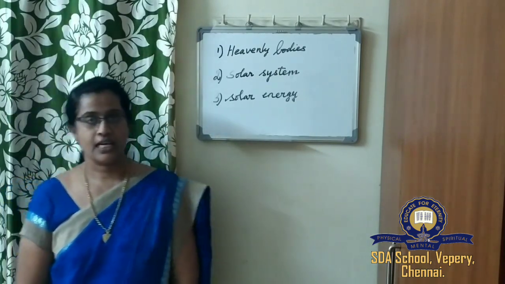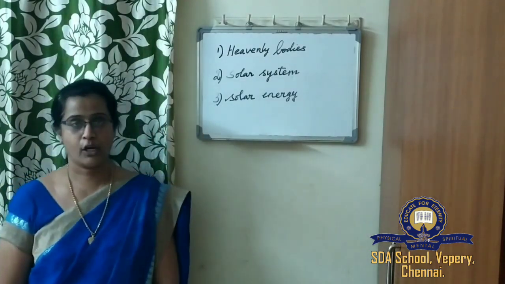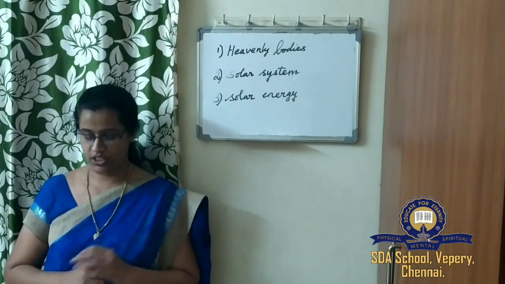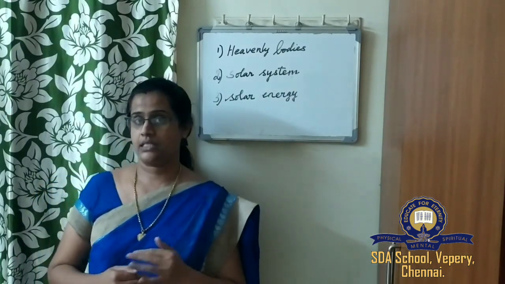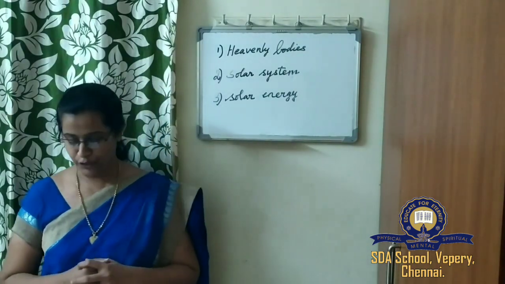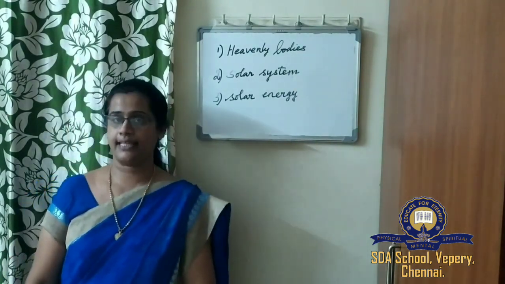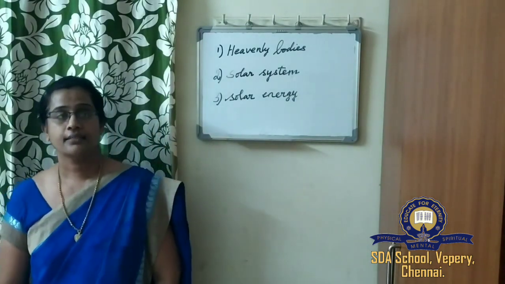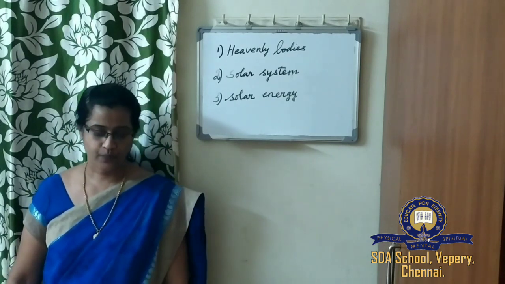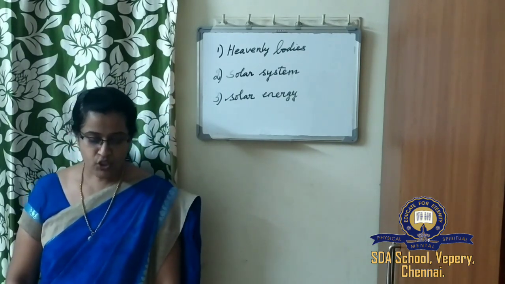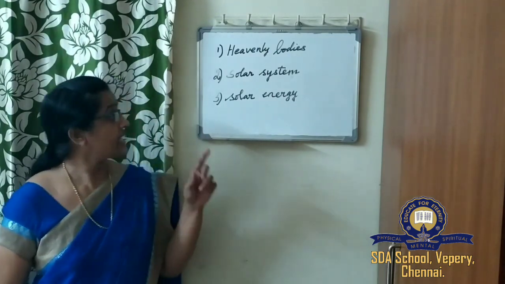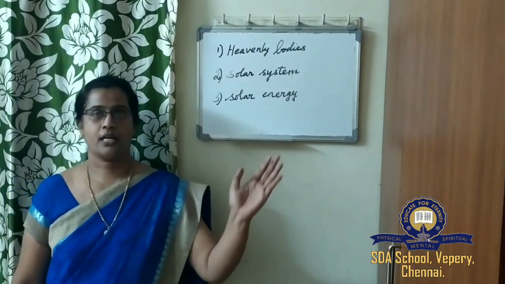The sun is important because it gives us heat and light. Plants make food using the sunlight. The sun is the source of energy, and the energy obtained from the sun is called solar energy.